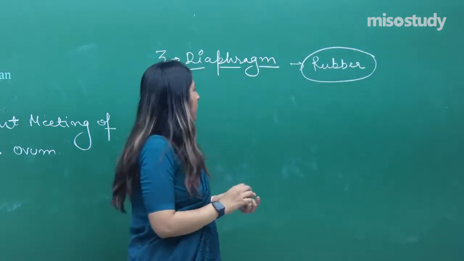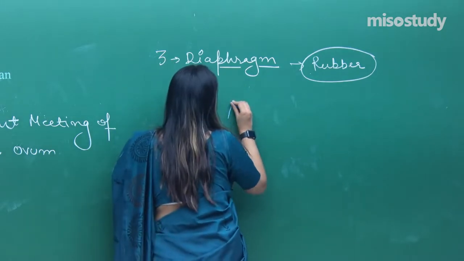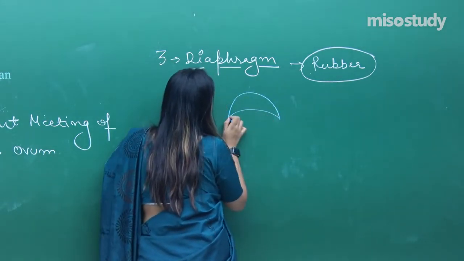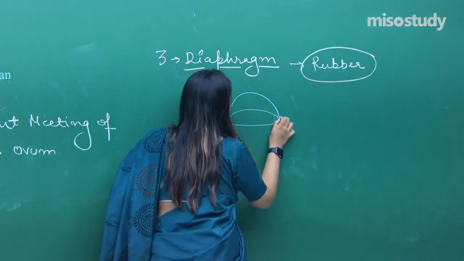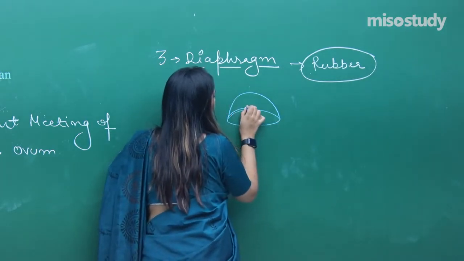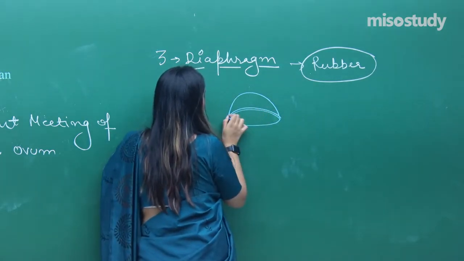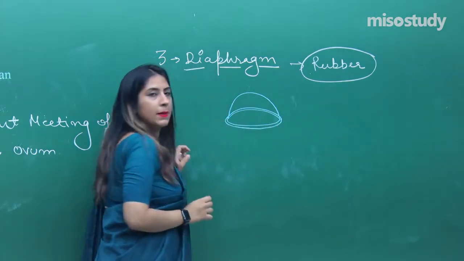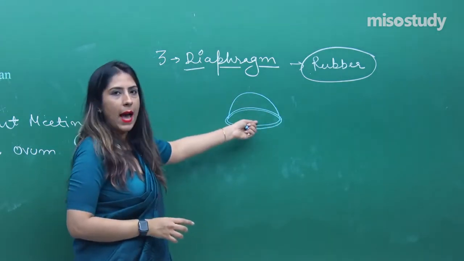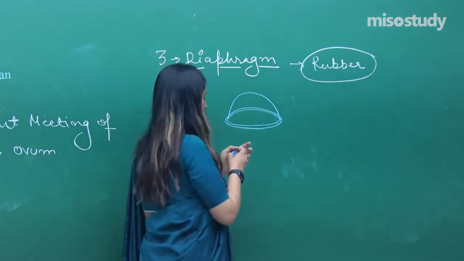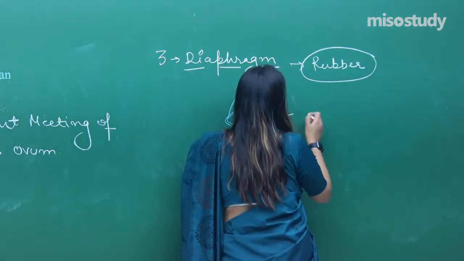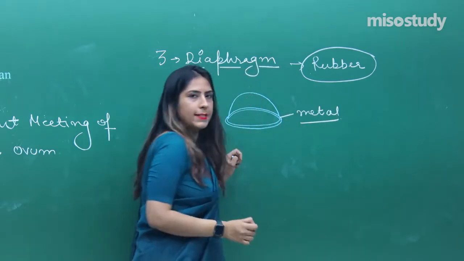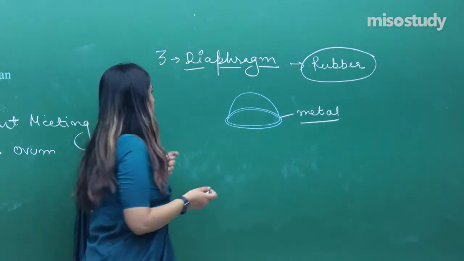To talk about the structure, it looks like this. This is made up of rubber, and other than that, this is a ring, and this is made up of metal. This is a metal ring, right? And it is placed over the vagina.